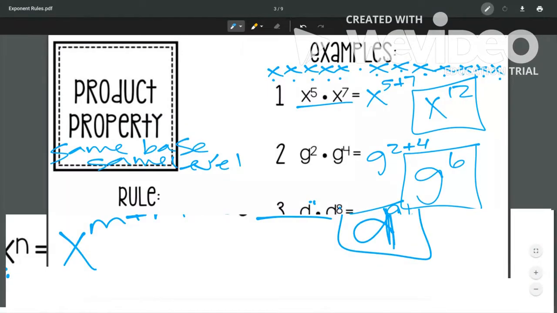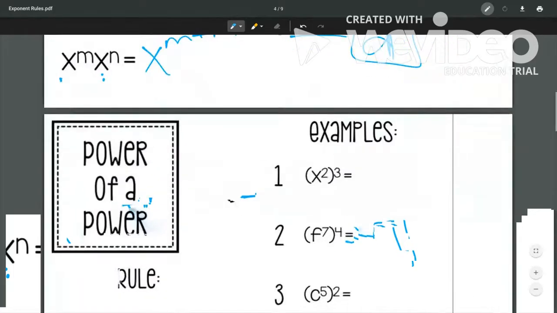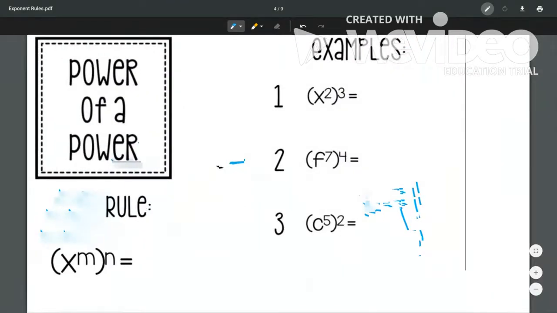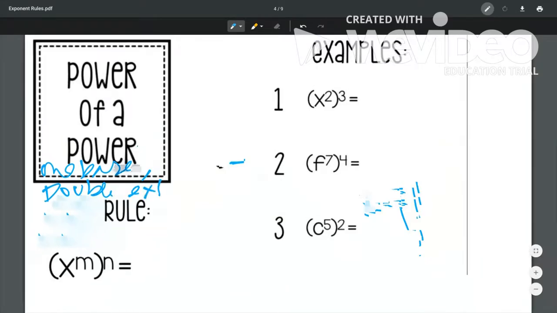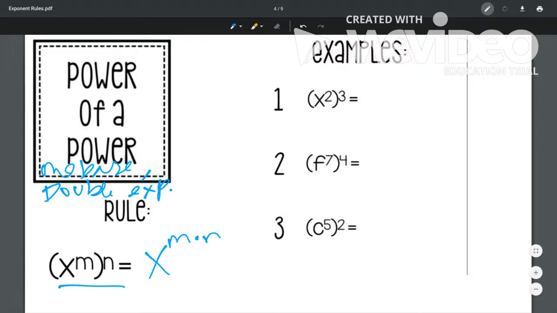Now, something that always gets confused with the product property is this one. This is the power of a power. We've got one base, but double the exponents. So what ends up happening is you've got this x to the m right here that's going to expand out n times. And really what ends up happening is that we multiply our exponents together. When we're right next to each other with this parenthesis as the only thing in between, you multiply them together.